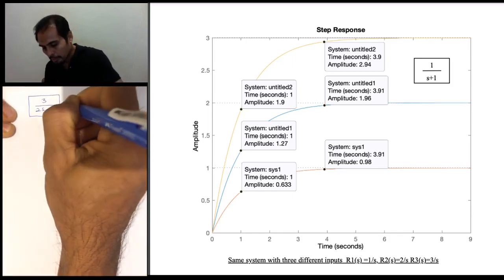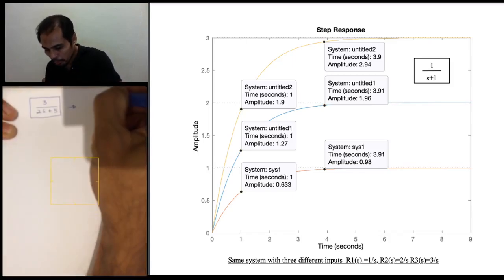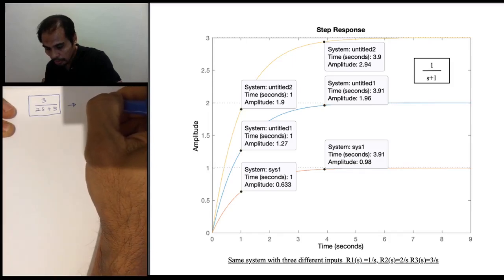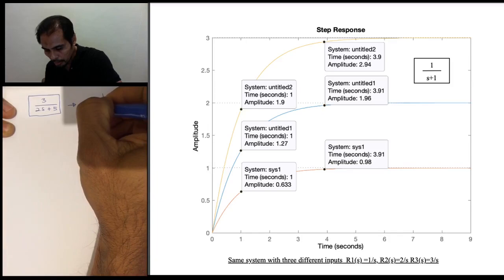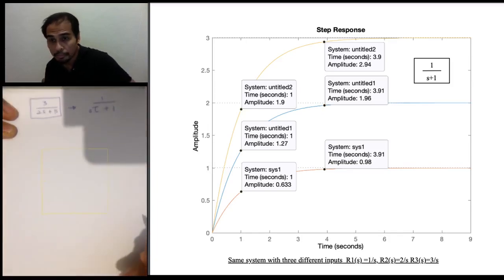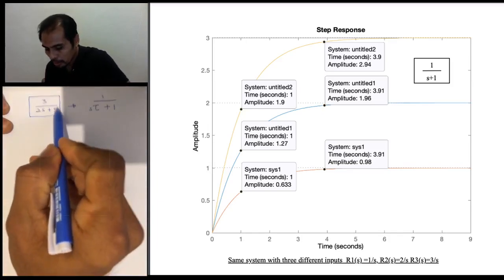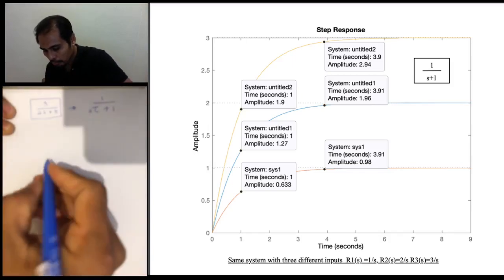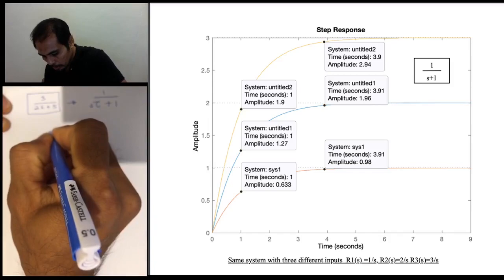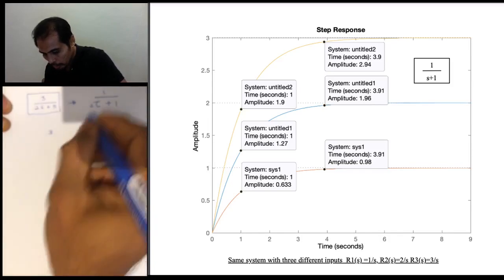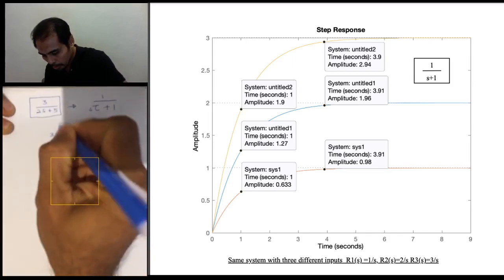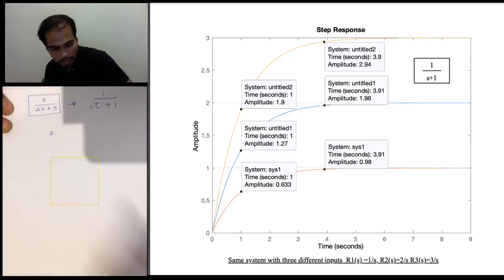So again, as I mentioned earlier, we have to convert this into a standard first order system as tau s plus 1, right? So we have to make this 1. So what we're going to do is divide this by 5, okay? In order to conform to this standard form, we need to make sure this part here is 1, right?